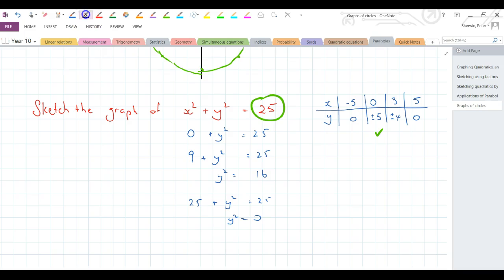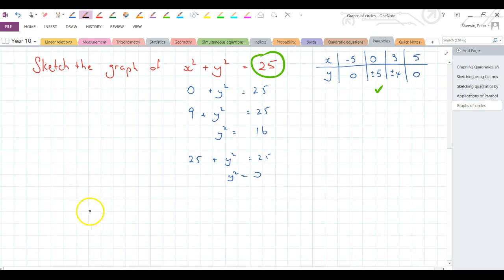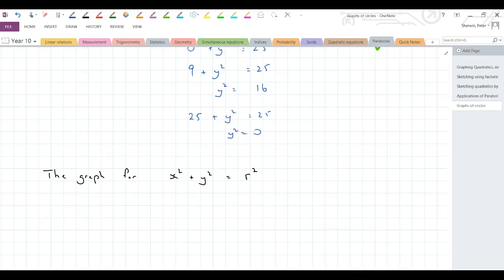So the graph for x squared plus y squared equals r squared, I'm going to put r squared there, the graph for x squared plus y squared equals r squared is a circle with center 0, 0.